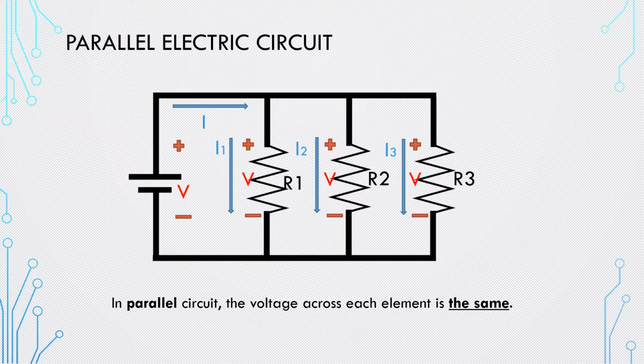Now let's talk a little bit about the voltage, how it's acting in a circuit. If you have a pure parallel circuit, what we mean by pure parallel circuit is all the resistors are connected in parallel, with no other element interfering between two resistors.